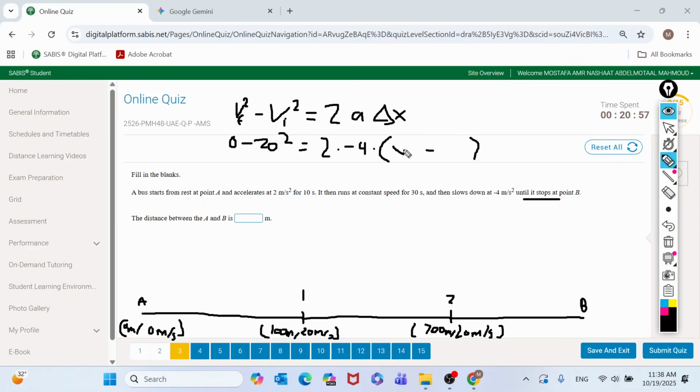It's supposed to be x minus 700. So you're going to get 750 meters.